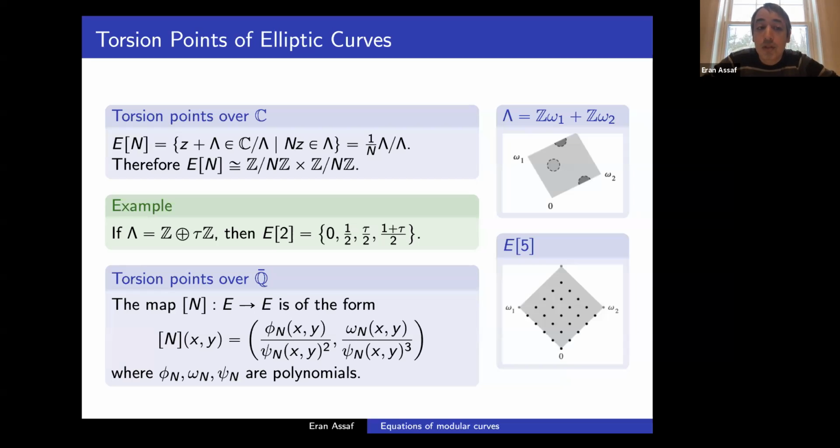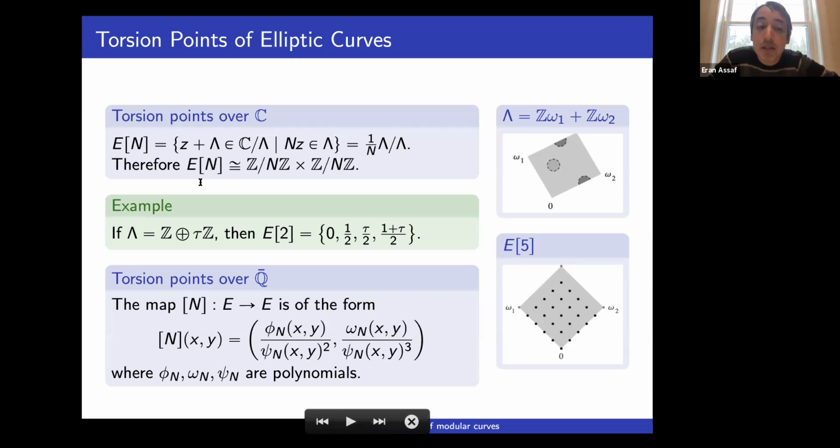Okay. In general, if we look at the torsion points over the complex numbers, then these are exactly the points that if we multiply them by a number n, we land in the lattice, which means that this is simply dividing the lattice by n. So we always get this structure of a square grid of n by n points, which as an abelian group has the structure of Z mod nZ cross Z mod nZ.